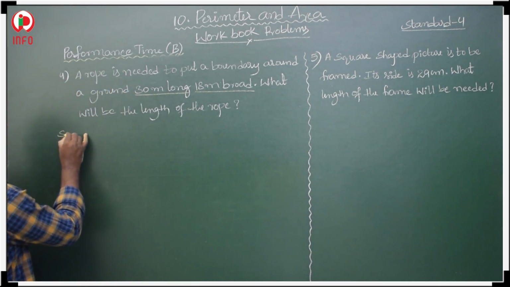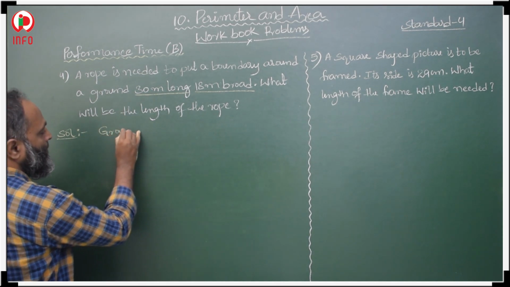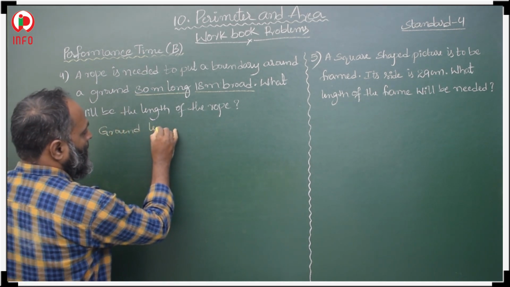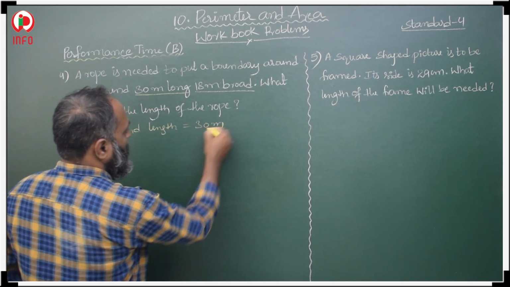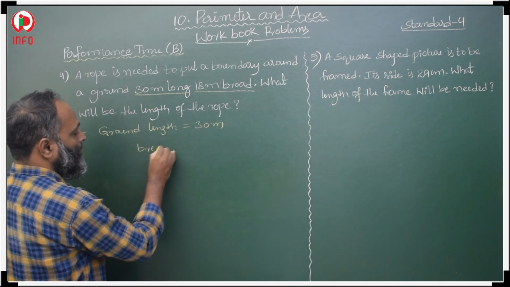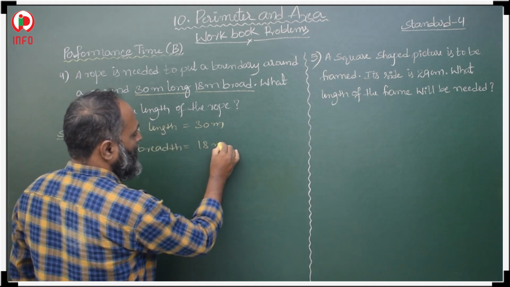Here, what is given first? Ground length. So, that ground length is 30 meters, breadth is equal to 18 meters.